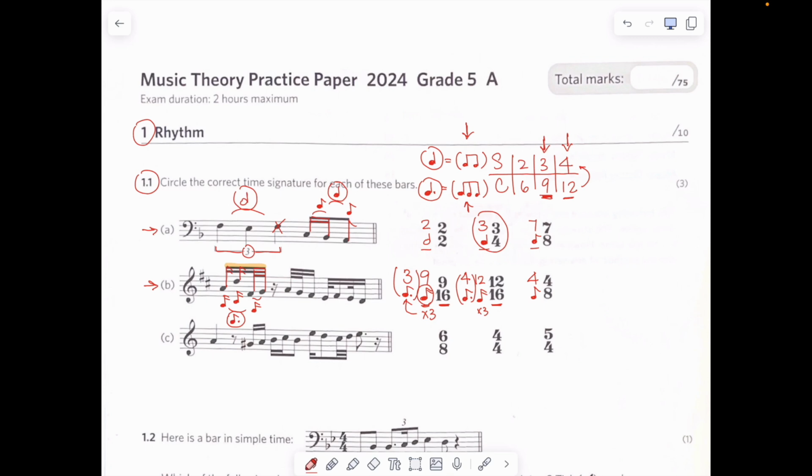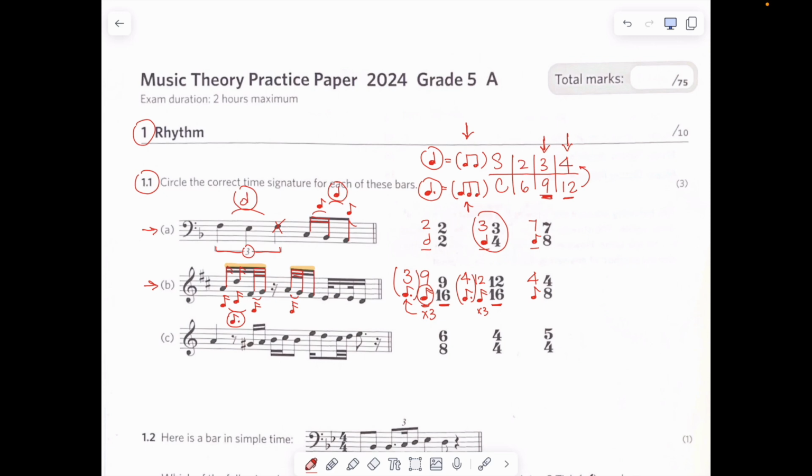Now let's move on to the next set in question B. What I'm going to do again is look at the beaming. You see how these are beamed together, so you have to look at them together. Again, start with the smallest value, which means these two, there are 3 beams. Same thing, these together just make a semiquaver.